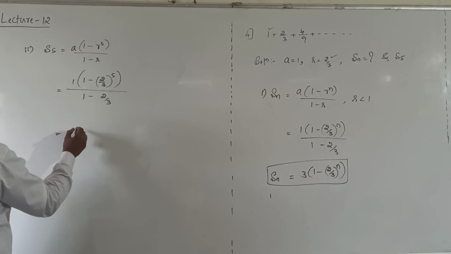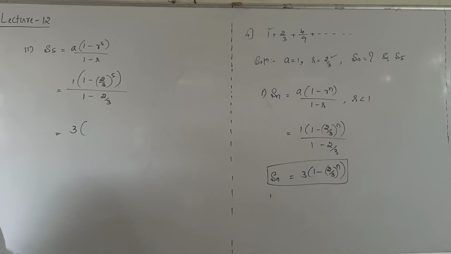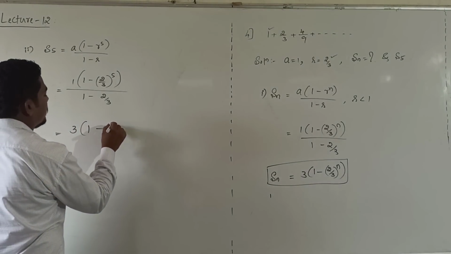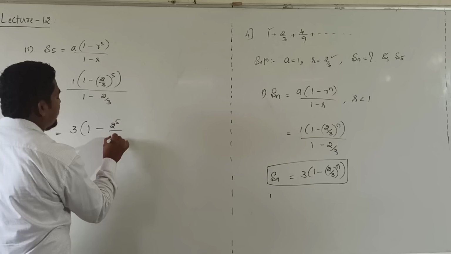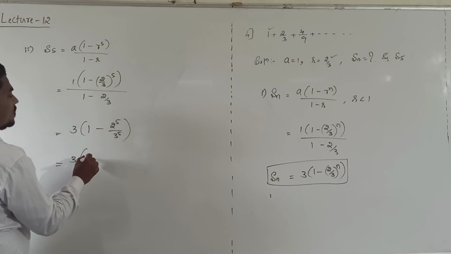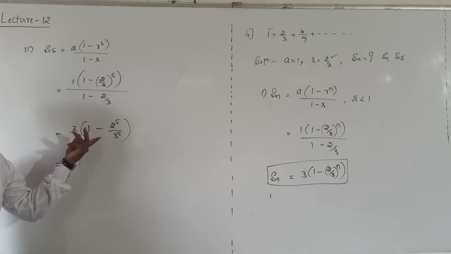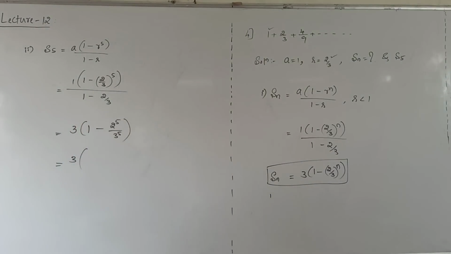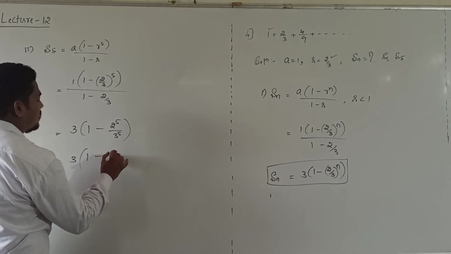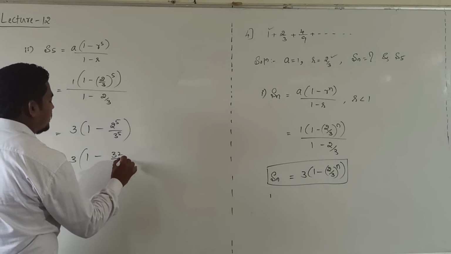3 minus 2 is 1, 1 by 3, the denominator becomes the numerator. 3 into 1 minus 2 power 5 divided by 3 power 5. That's equal to 3 into 3 power 5, 3 power 4 is 81, 3 power 5 is 243. 1 minus 32 divided by 243.